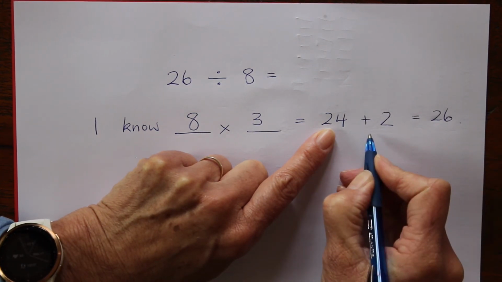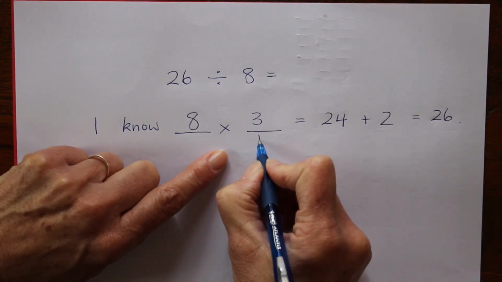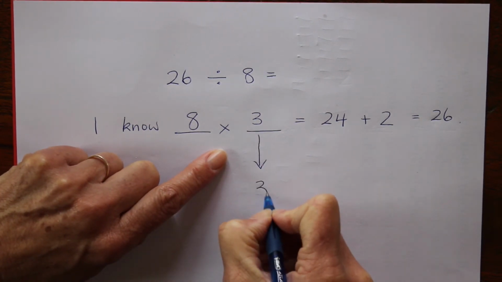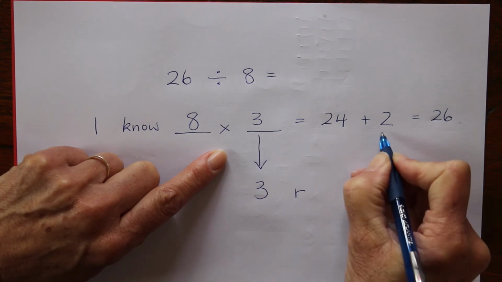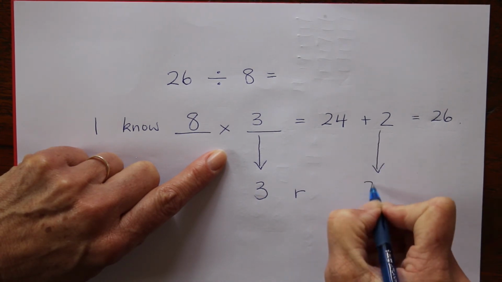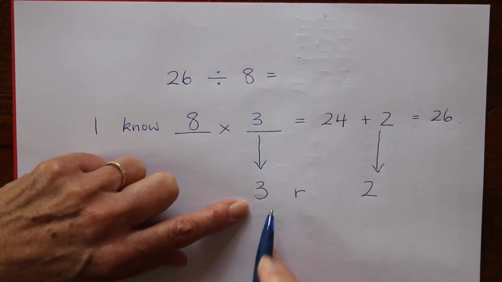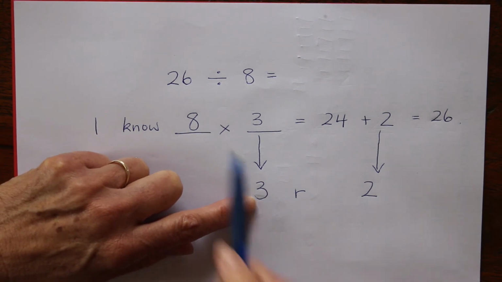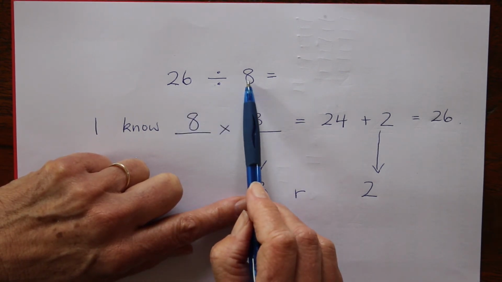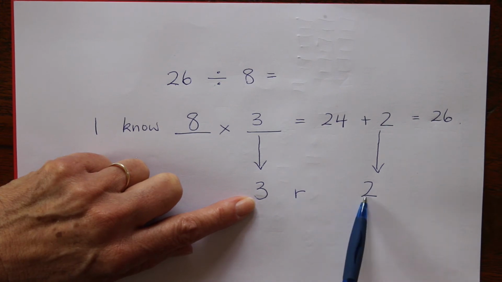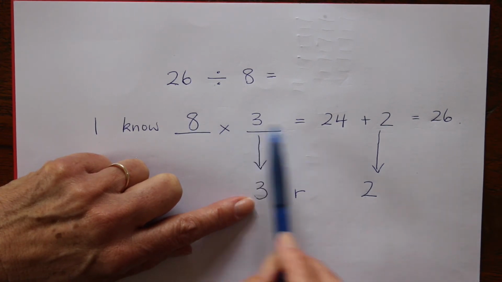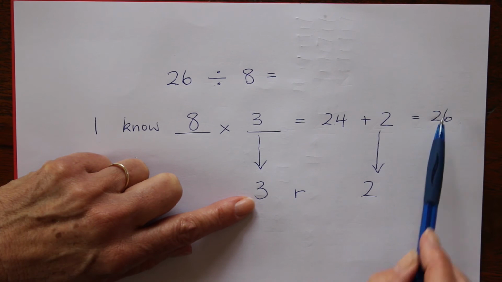So that's my thinking. So now I'm going to put this number down here. I'm going to put my remainder, and I'm going to put this number down here too. So I know that 26 divided by 8 is going to be 3 remainder 2. Because I know that 3 8s are 24, plus 2 will get me the 26.